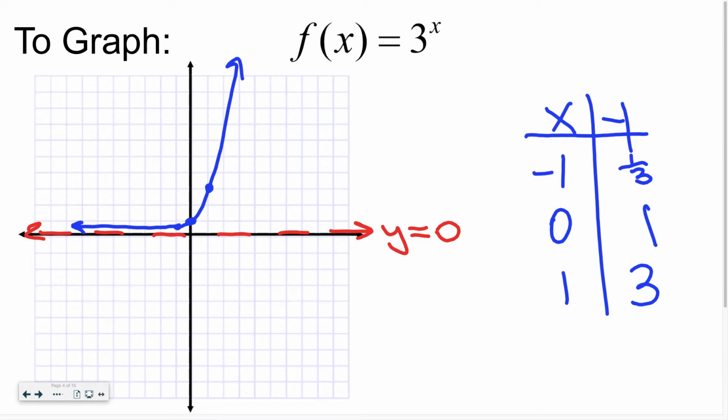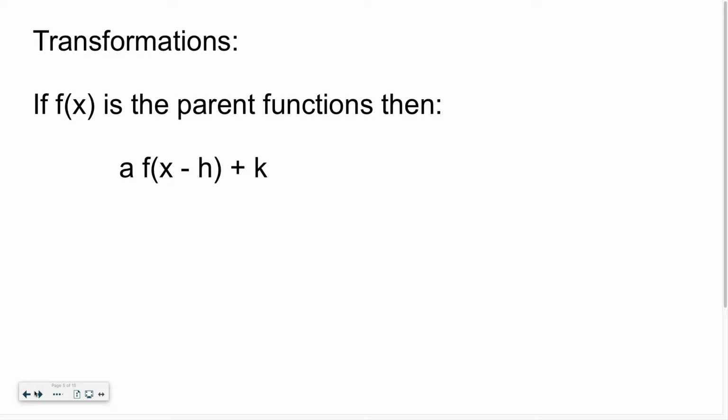So, take a moment and talk about what a, h, and k do to your function. Take a moment in your pod.